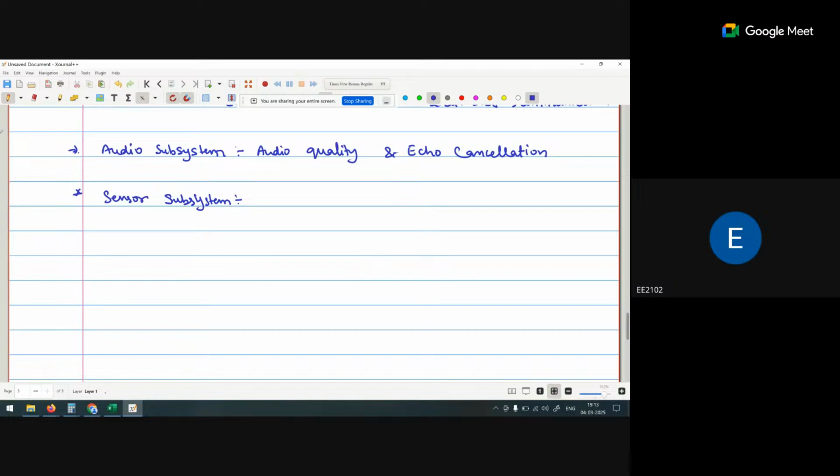Yeah, one is the touch sensor. Second, microphone. Can I say the IR sensors?